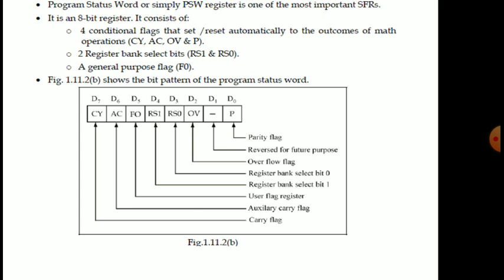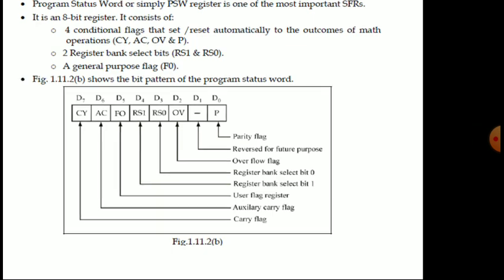And the next is OV, that means overflow flag. RS0 register bank selection bit 0, RS1 register bank selection bit 1, F0 that is user flag register, AC is for auxiliary carry flag, and CY is for carry flag.